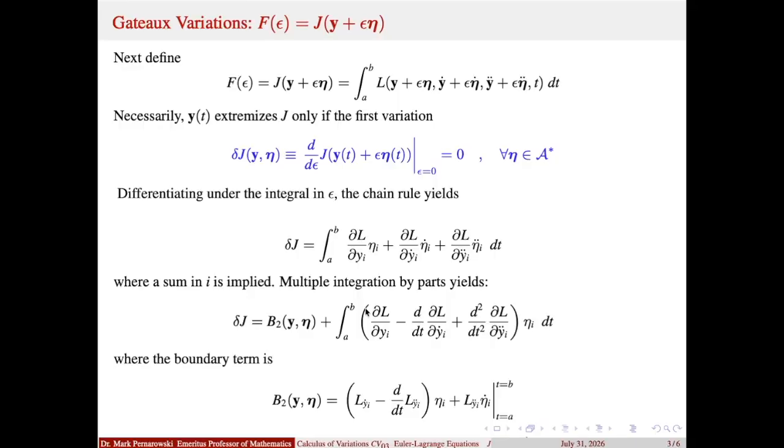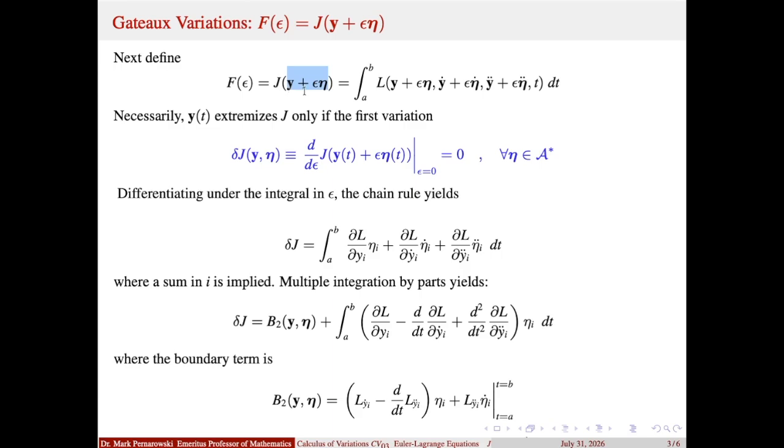Like all of these problems, we need to consider the value of the functional at slightly different from a fixed y. So I want to compute the first Gateaux variation of this functional. And the way we do that is we evaluate the functional at y plus epsilon eta.